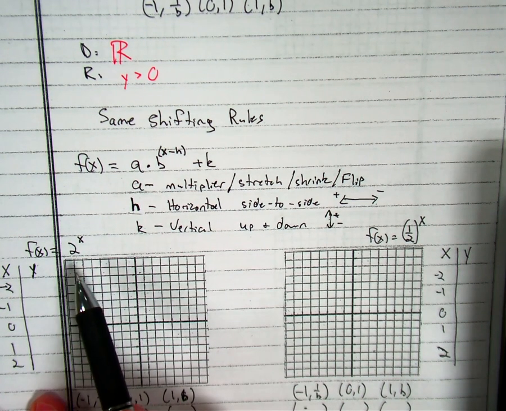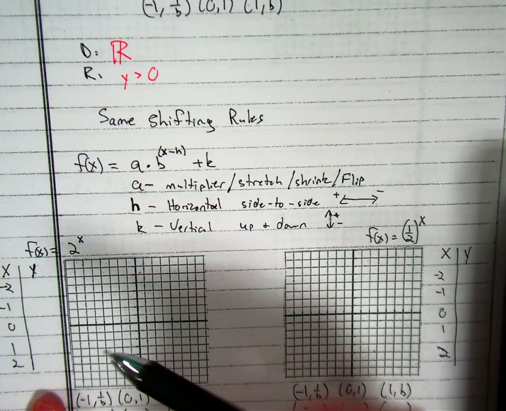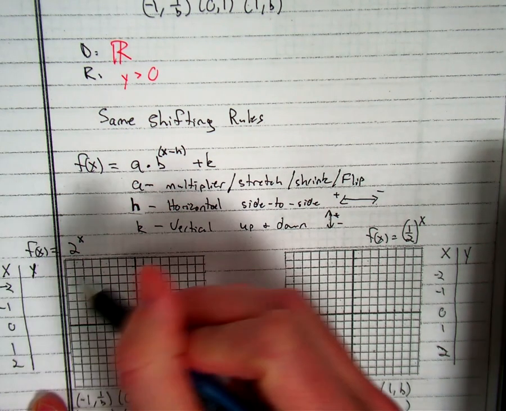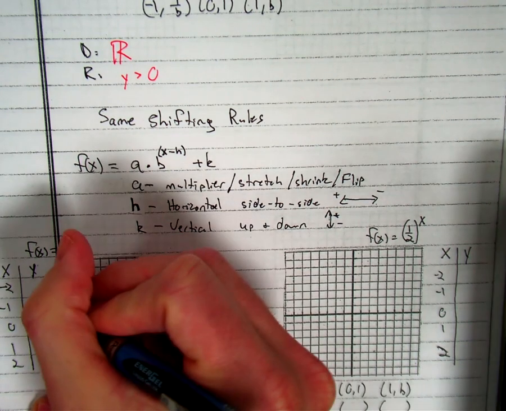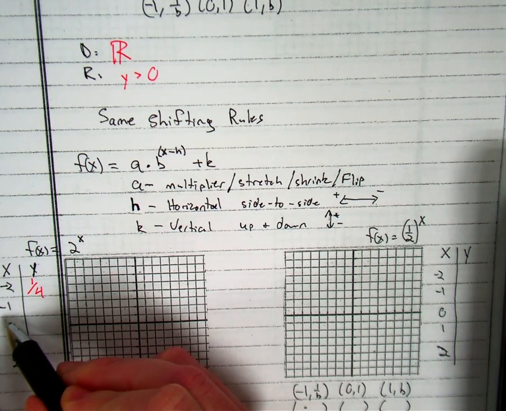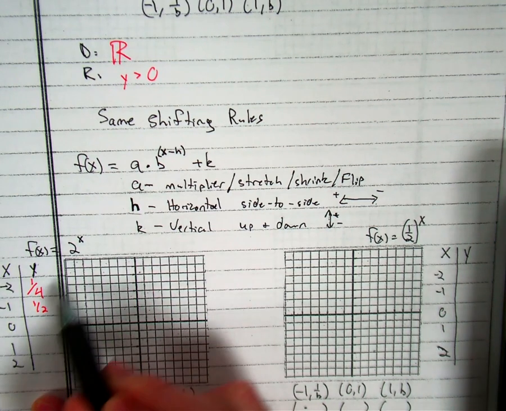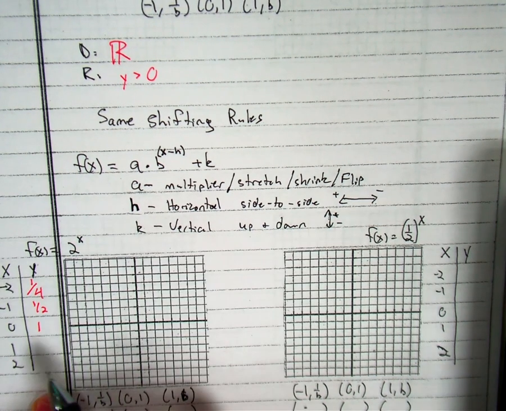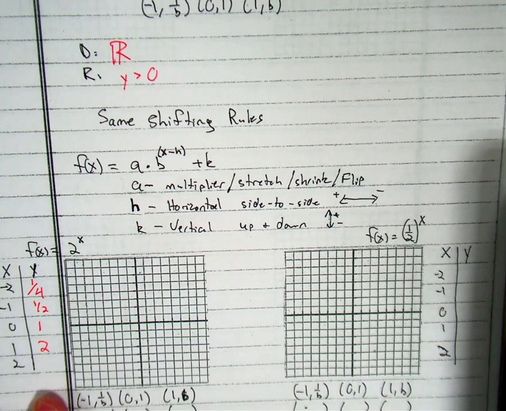So just thinking about 2 to the x. You can use your calculator to type these in. 2 to the negative 2 would be 1/4. 2 to the negative 1 is 1/2. Anything to the 0 power is 1. 2 to the first power is 2.